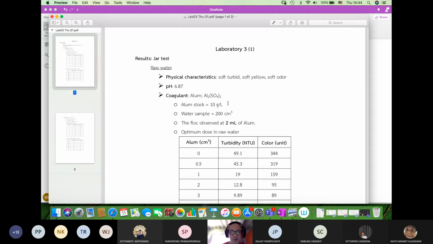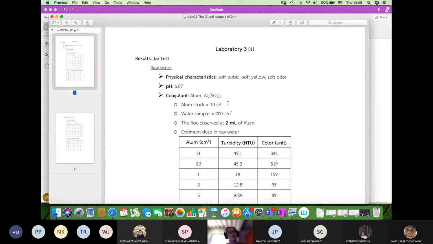We gradually add 1 ml, 2 ml, 3 ml, but what we found is that after we added 2 ml of alum we could actually observe the floc. So the floc forms. You may imagine how it looks. It looks like a floc.